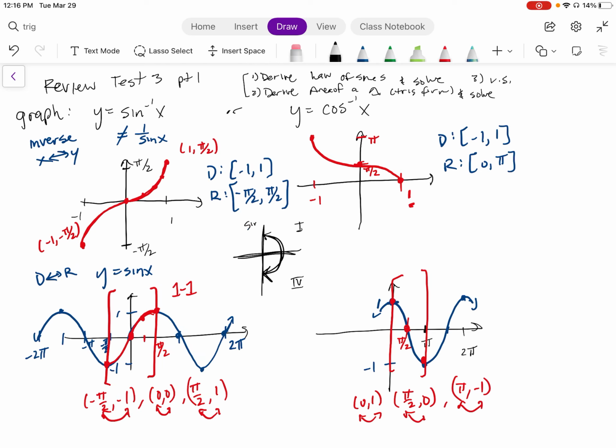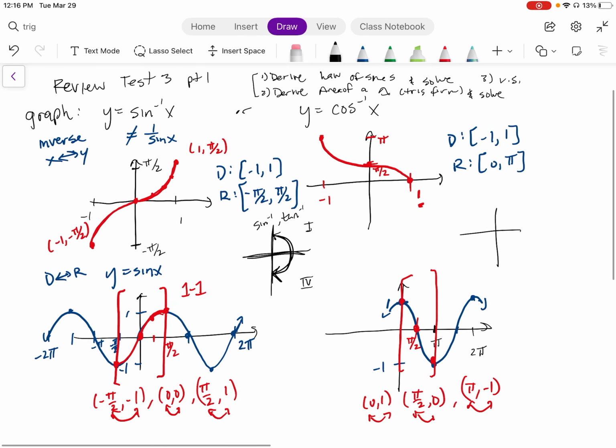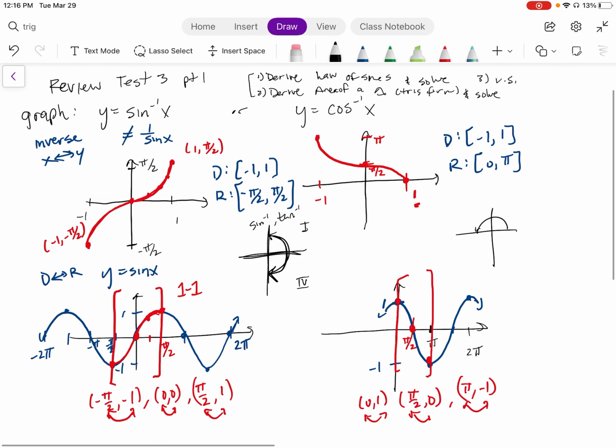Both sine inverse and tan inverse use those two quadrants. While cosine, you can see down there the graph. On the unit circle, we're going up to pi, so that's quadrant 1 and quadrant 2 for cosine inverse.